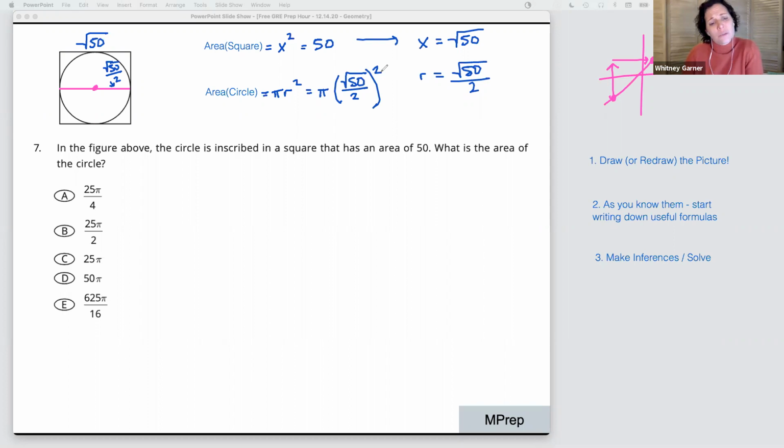Notice I didn't have to do anything fancy with the square root. It's going to turn out to just cancel itself. So once I square it, I'm going to get pi times 50 over, don't forget to square both, 4, which is 25 over 2. So this is 25 pi divided by 2.